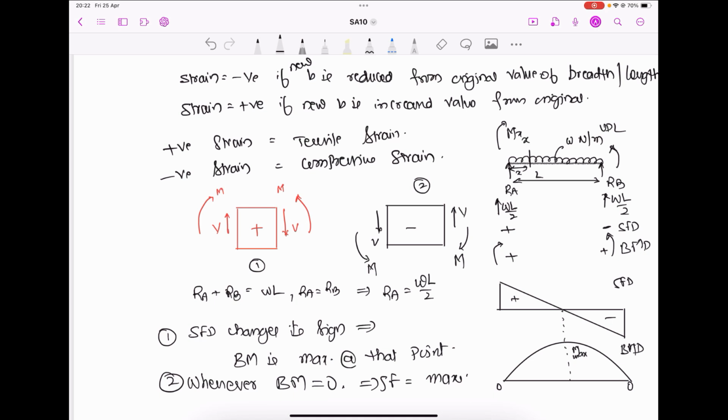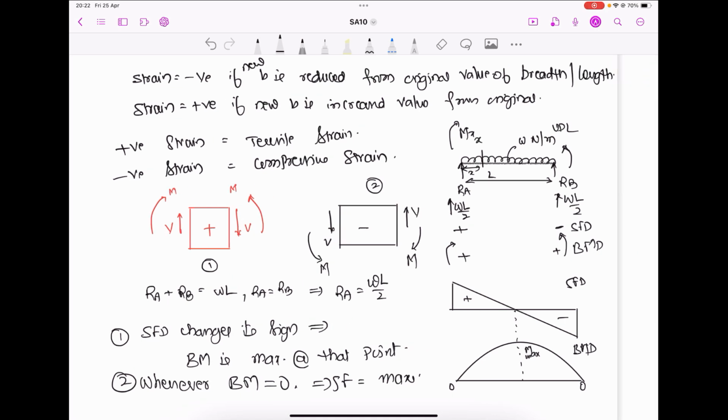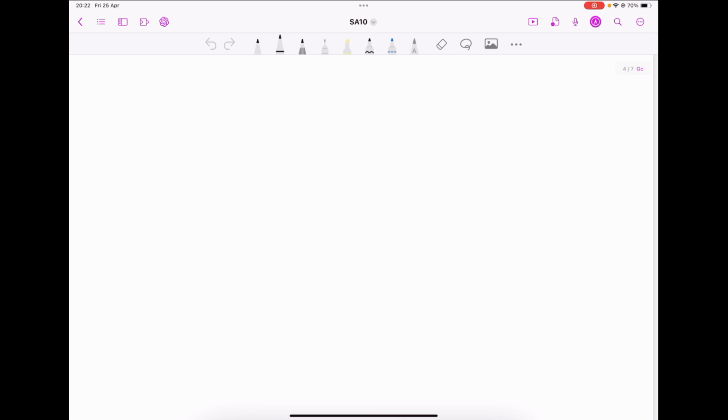With this point in view, let us try to develop a simple concept of why we are studying this moment of inertia. Now let us say the original shape of the beam is like this. It is not about the length; the original cross section is like this.